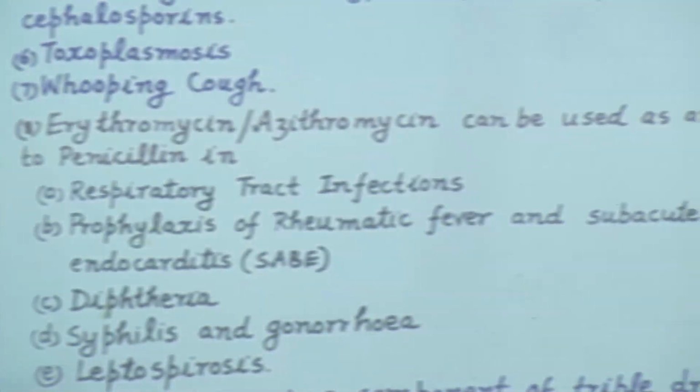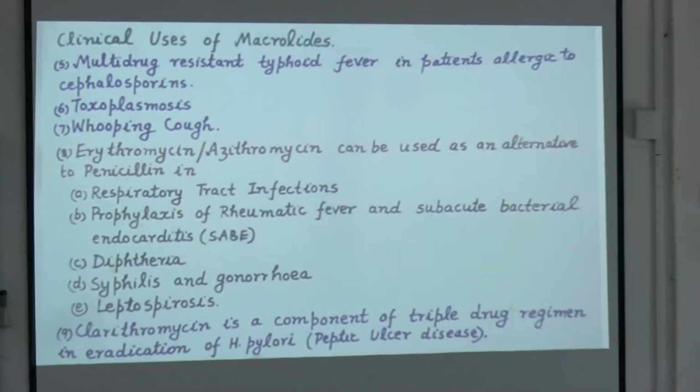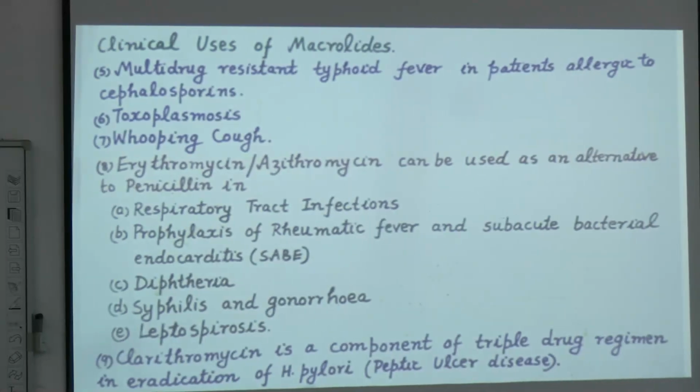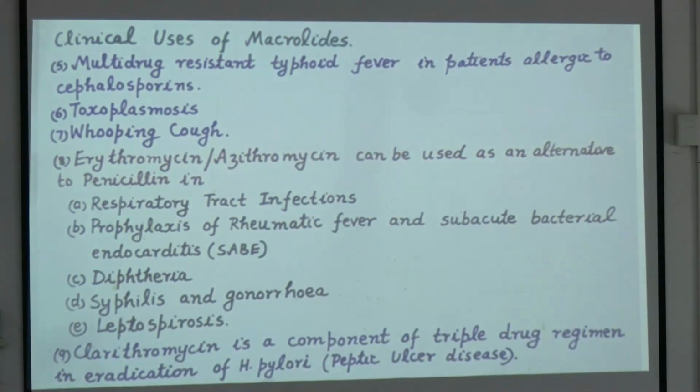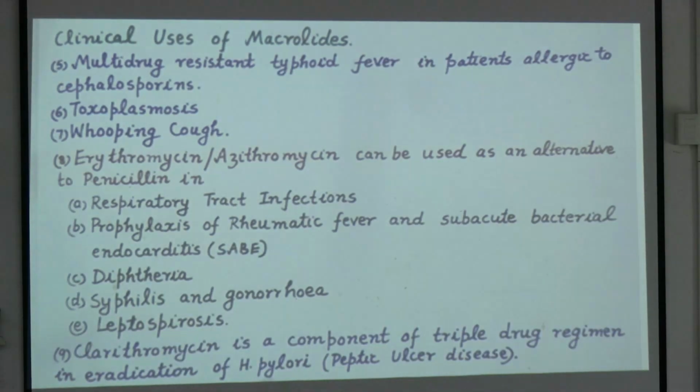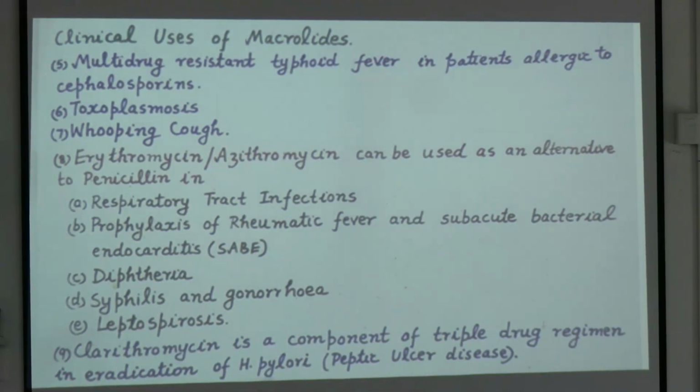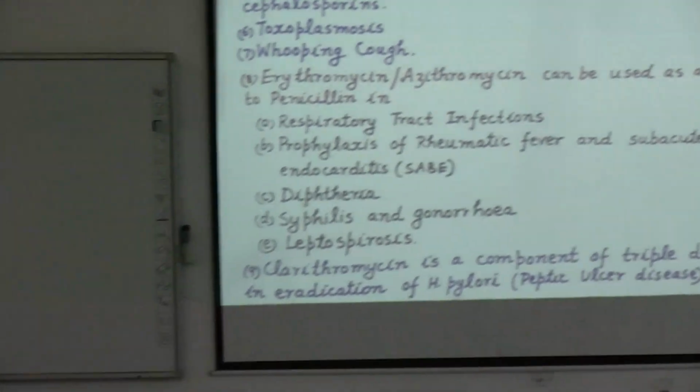And if you have studied peptic ulcer, you remember clarithromycin is an important antibiotic that is included in various regimens for treating H. pylori. H. pylori is a bacteria that makes recurrence of peptic ulcer.